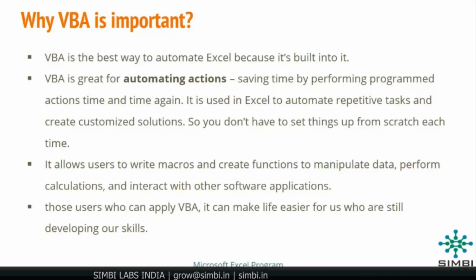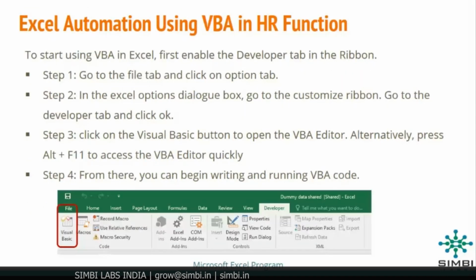It allows users to write macros and create functions to manipulate data, perform calculations, and interact with other software applications. Those users who can apply VBA can make life easier for us who are still developing our skills, right? So next is Excel automation using VBA in HR function.